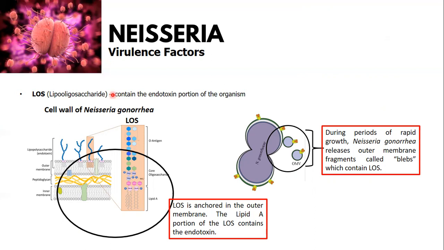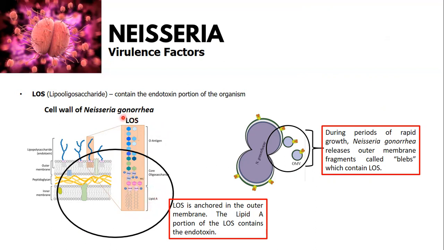But the structure that they possess is called LOS instead of LPS. Similarly, the LOS of Neisseria species contains the lipid A portion, which is the location of the endotoxin.